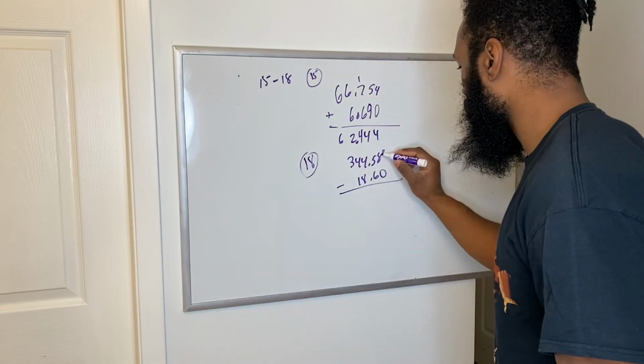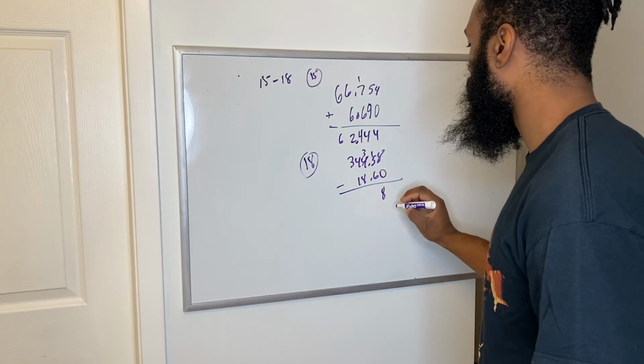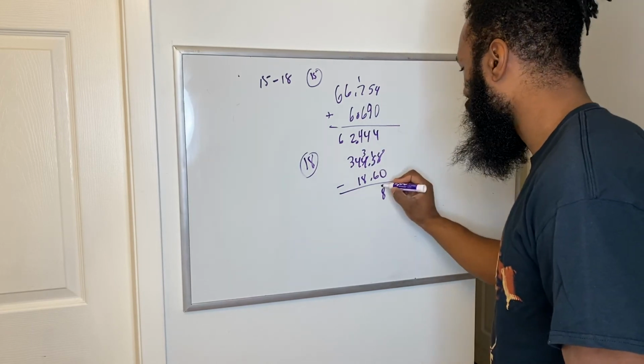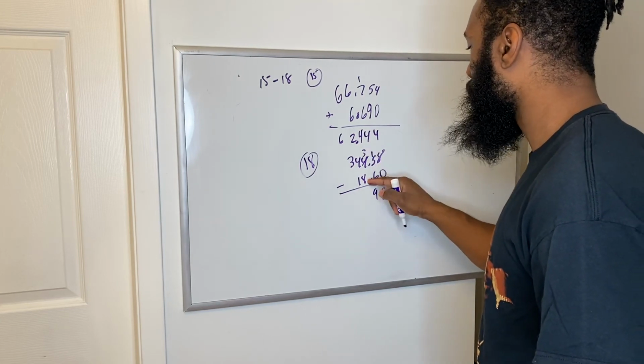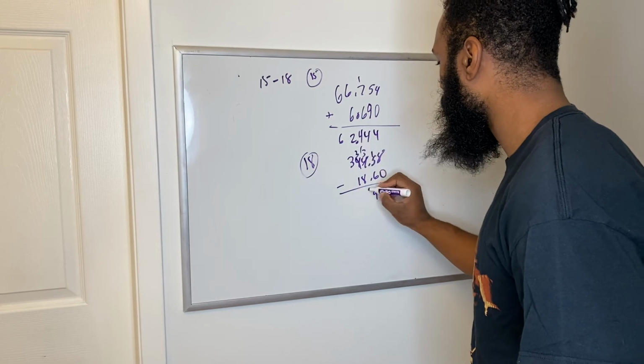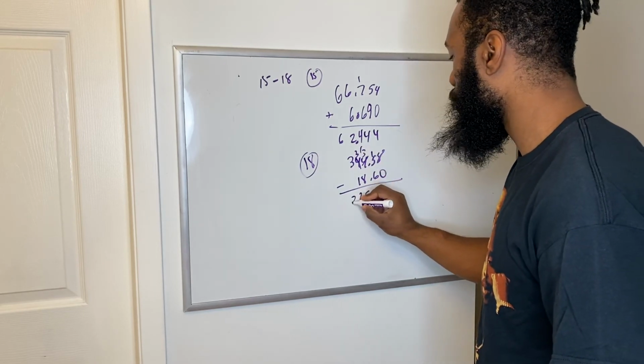Here, subtraction, 8 minus 0 is 8. 5 minus 9 you can't do that, so you borrow. That's 15 now. 3 minus 8, can't do that, so you borrow again. 13 minus 8 is 5. A decimal goes down here. 3 minus 1 is 2, and then 3.